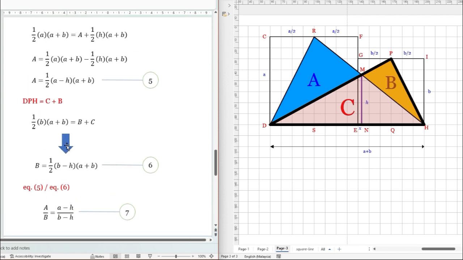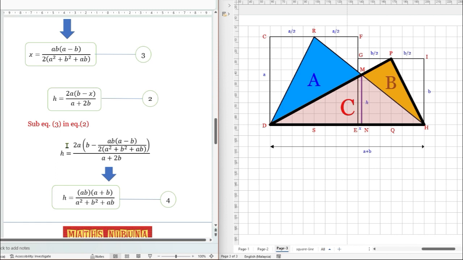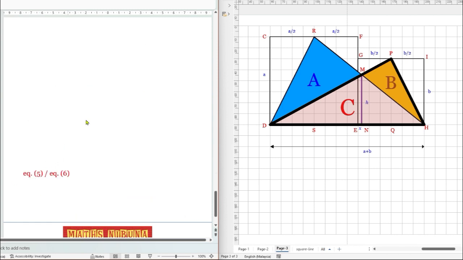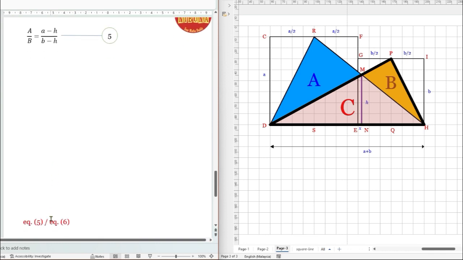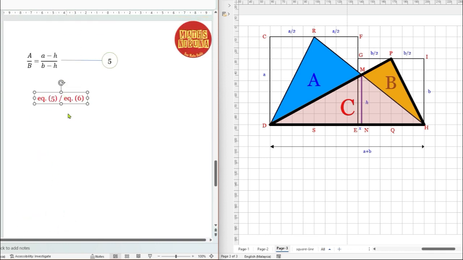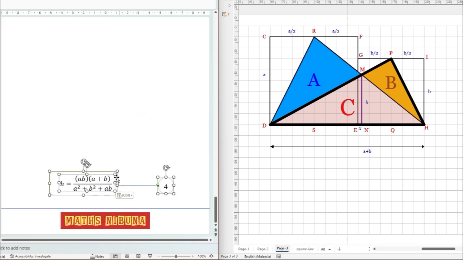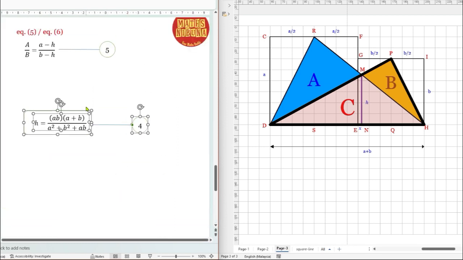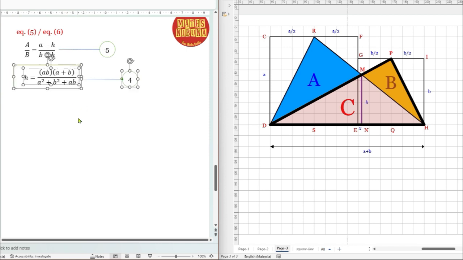What is the value of H? We already found earlier. Our H is actually equal to, this is our H from equation 4. So we draw equation 4 here.